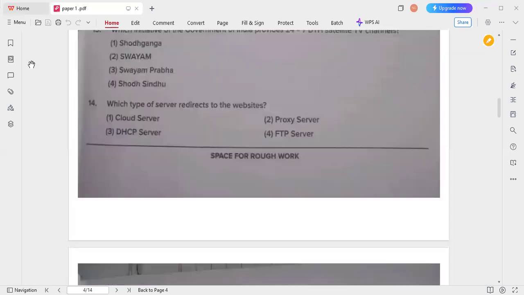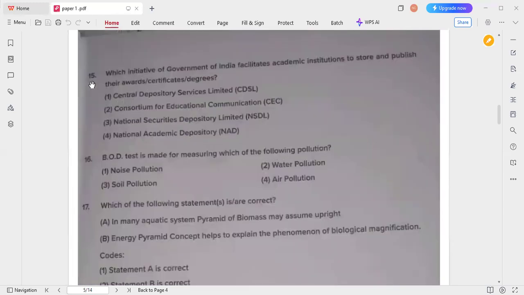So next one, which type of server redirects to the websites? So this proxy server, this type of server will redirect to the website. So option 2 is the correct answer. Okay, so next question, which initiative of government of India facilitates academic institutions to show and publish their awards, certificates or degrees?